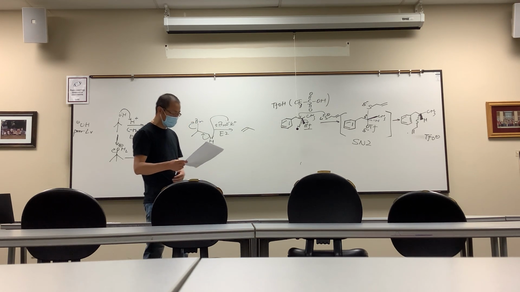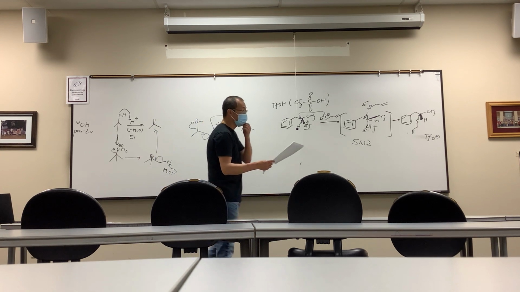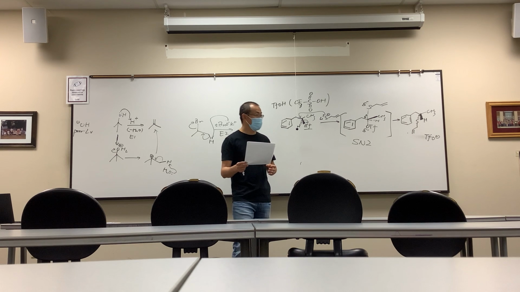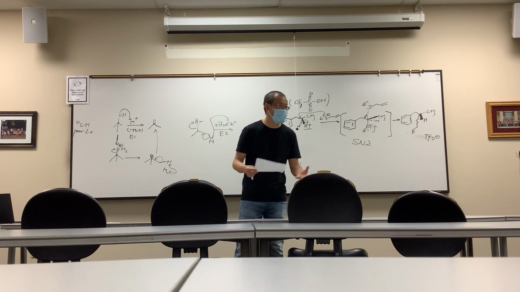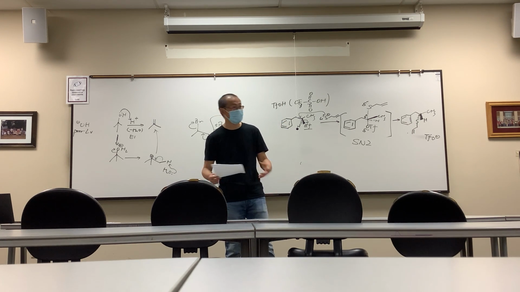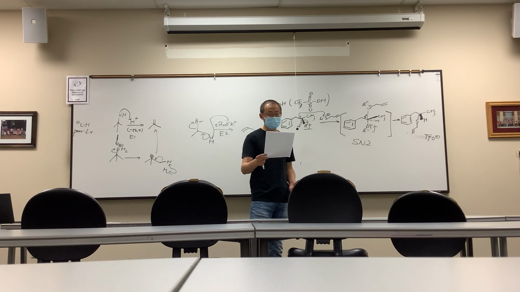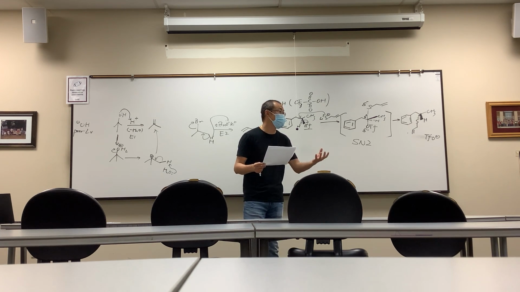All right, part D. We make a few changes and ask you whether the changes cause the reaction to be faster, slower, to stop, or have no effect. The first change is OTf changed to OCH3. So we're changing the leaving group.